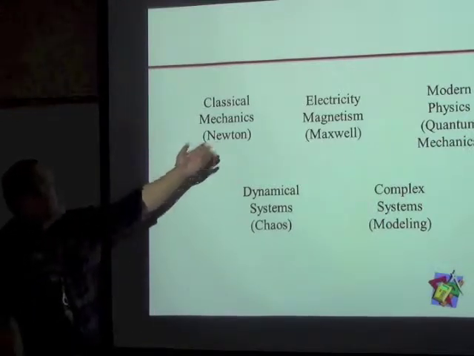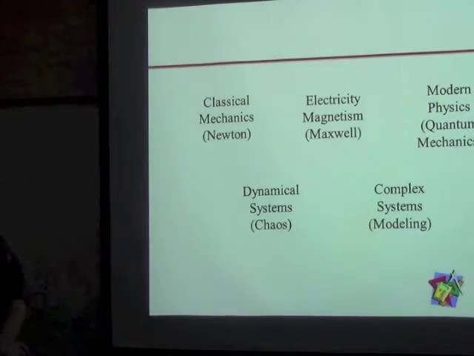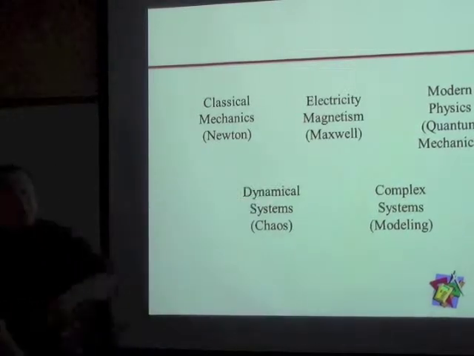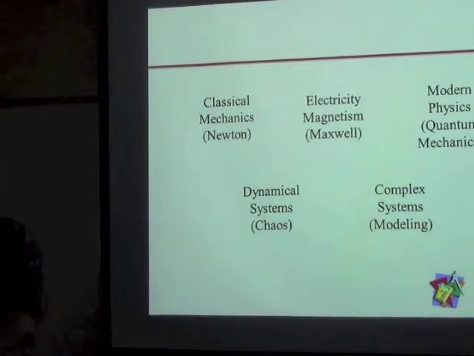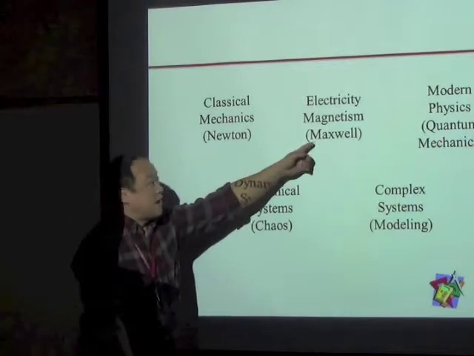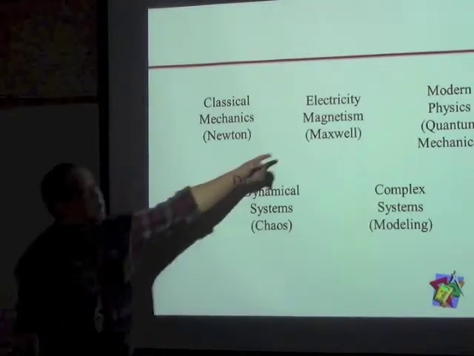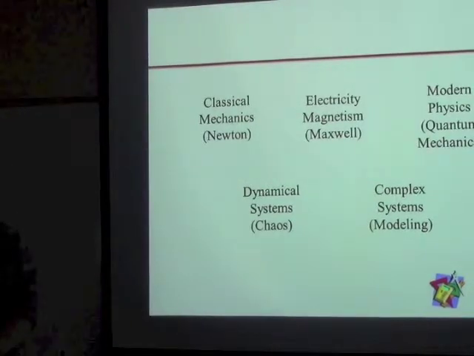I think 17th century, we have classical mechanics, Newton, right? And James Clerk Maxwell was born in 1831. That's the year Michael Faraday discovered the electromagnetic induction, and he died 48 years later.